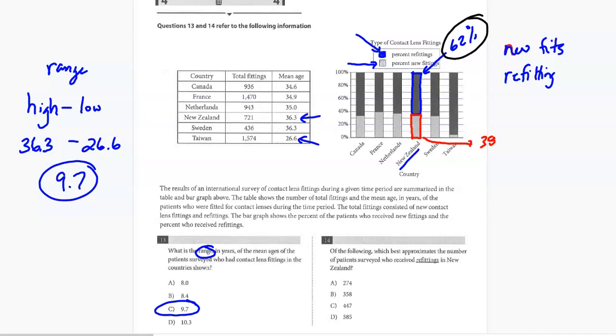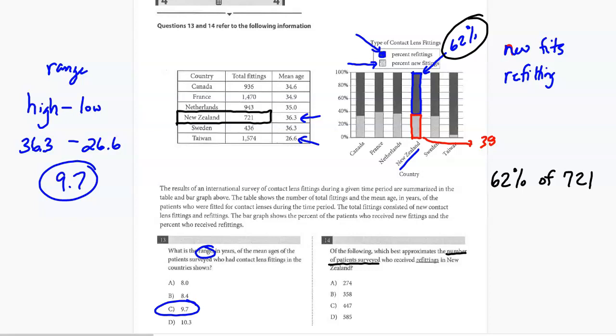So it says, what is the number of patients surveyed? Well, we got to see how many there was. So in New Zealand, it looks like there was 721. So out of the 721, what is the 62% of 721 that we're doing the refittings?